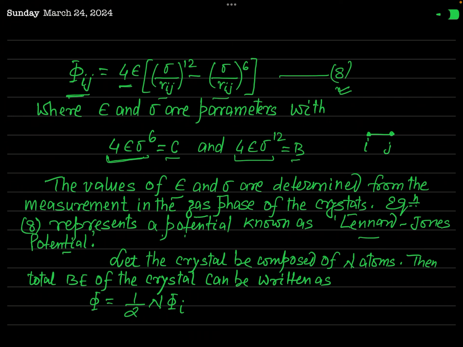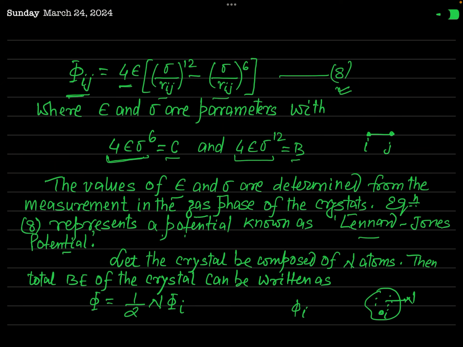For calculation of the binding energy, let us consider that in the specimen of our crystal there are n atoms. I have told this fact early in the beginning of the lecture. And you have seen that phi i is the energy of interaction, or binding energy, when there is an interaction between the ith atom and all the remaining atoms.